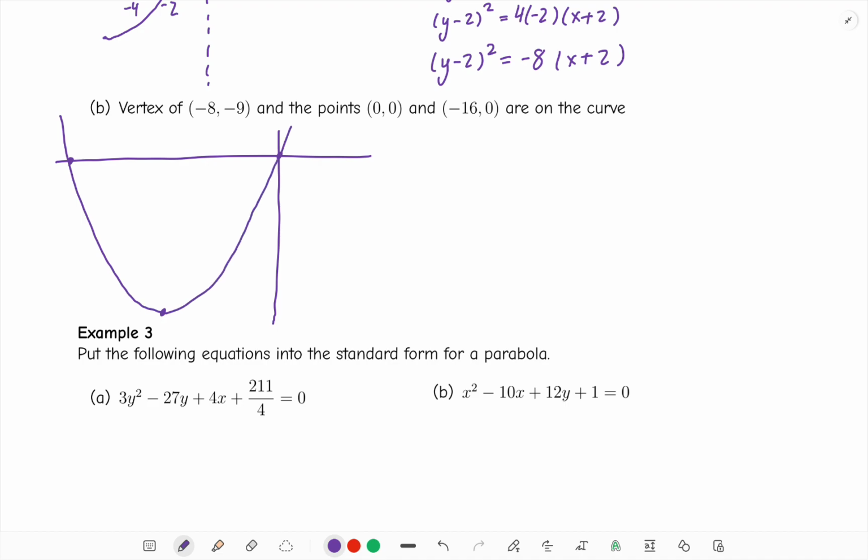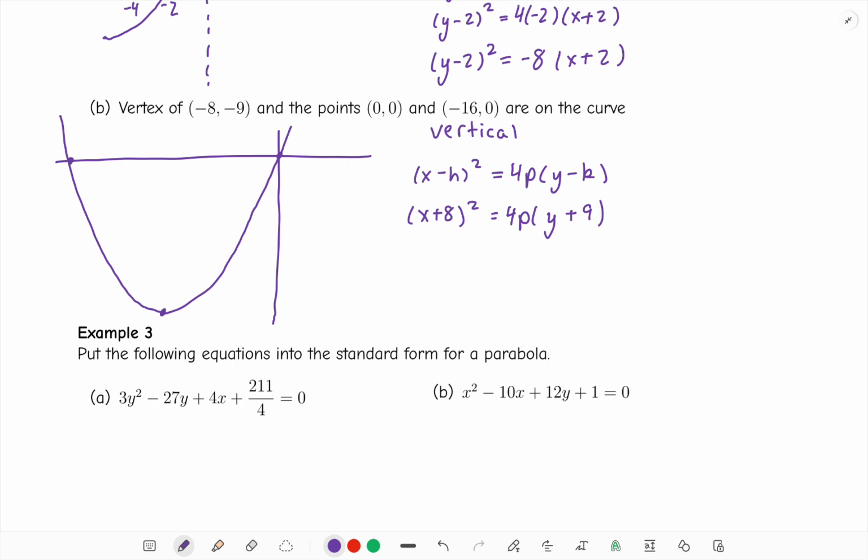So I know this is a vertical parabola. So that means it's going to be (x minus h) squared equals 4p(y minus k). Well, we already know the vertex, so (x plus 8) squared equals 4p(y plus 9).